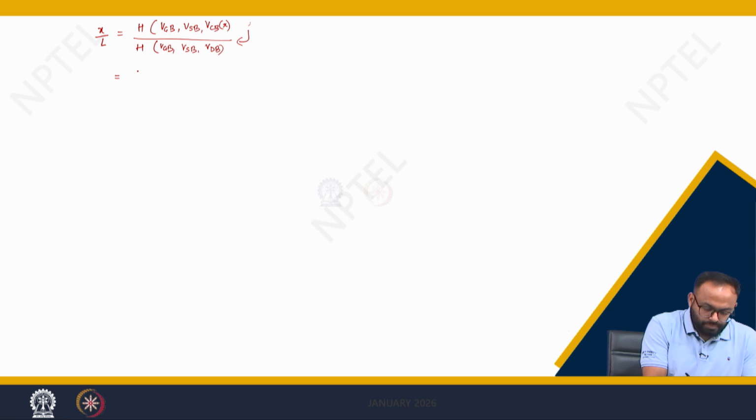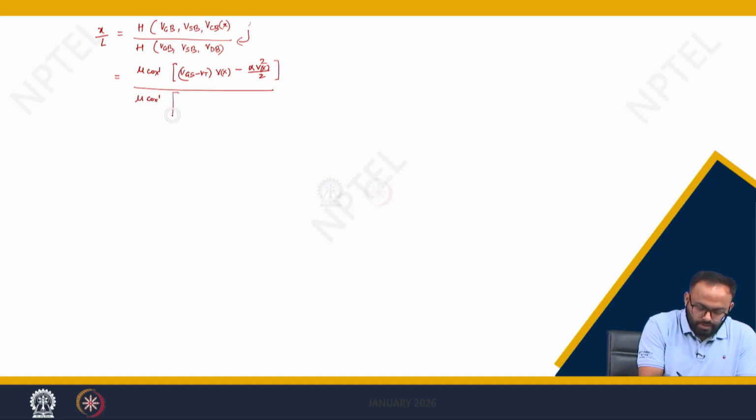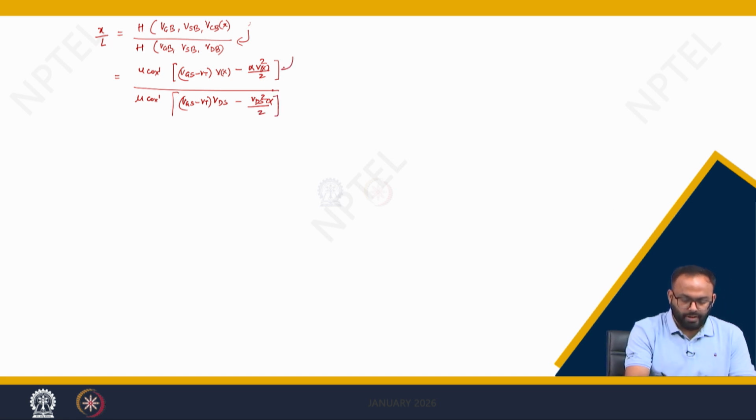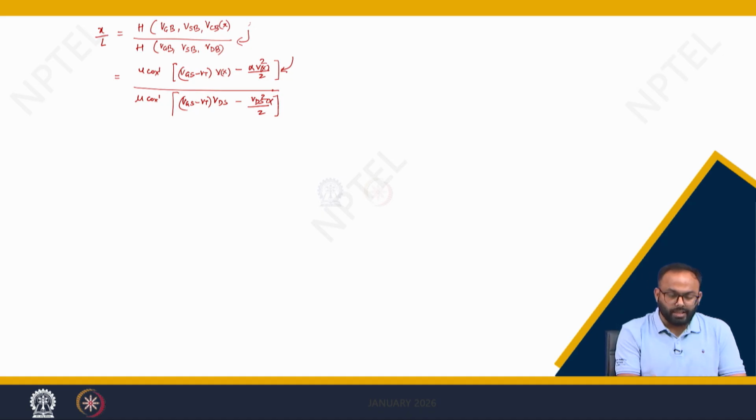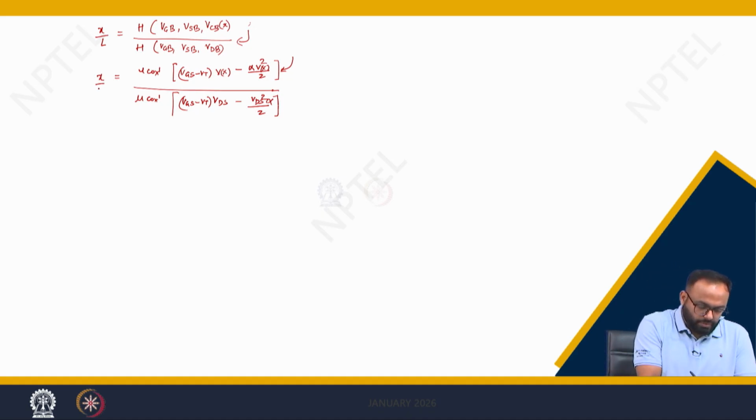So I will take mu into COX dash into VGS minus VT into, instead of VDS, I will take Vx, minus alpha Vx square by 2, divided by mu into COX dash into VGS minus VT into VDS minus alpha VDS square by 2. This is the function we have derived. The function means the current, right, and the current is constant. That is what we are writing in this way.